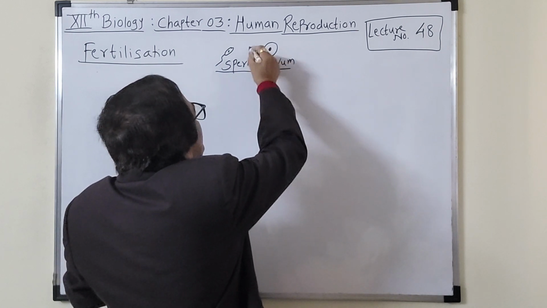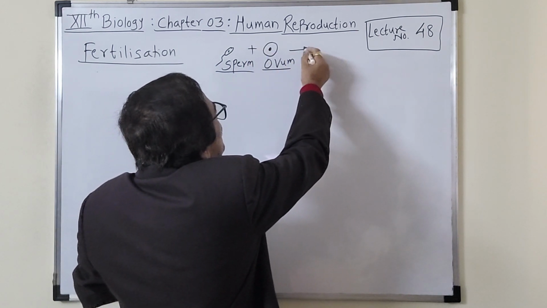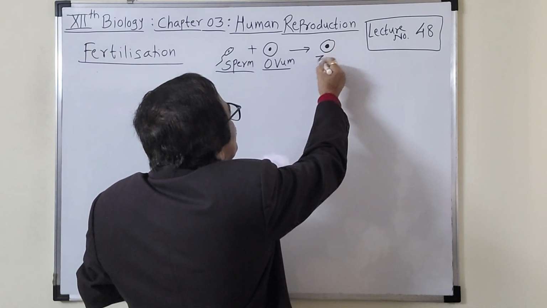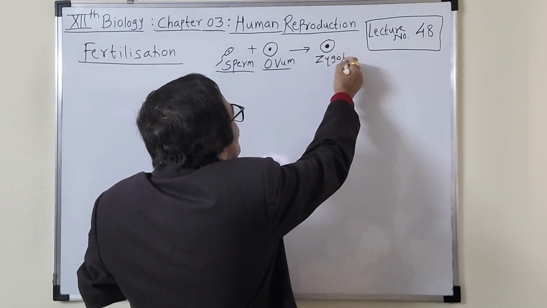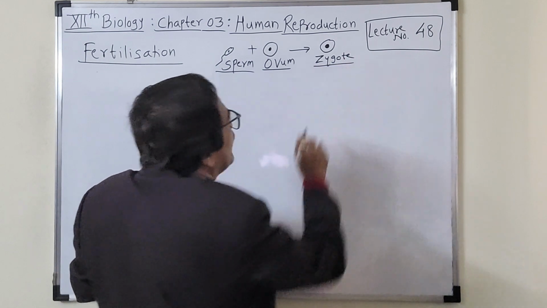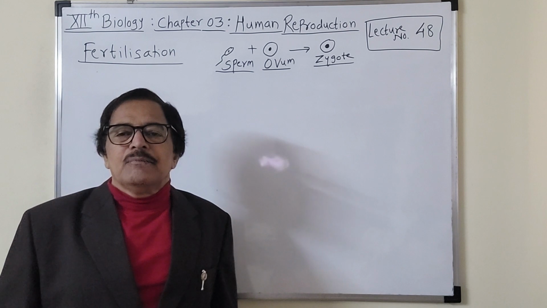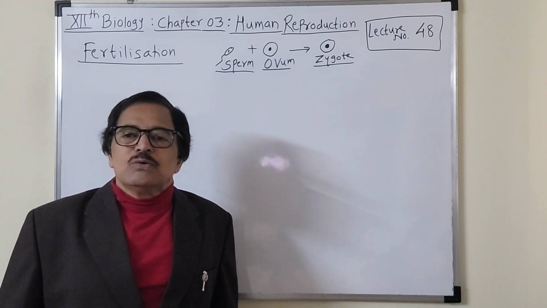When they fuse together, they produce a diploid cell known as the zygote. The details of how that process occurs I have given in the last video, so don't miss that lecture, do watch.